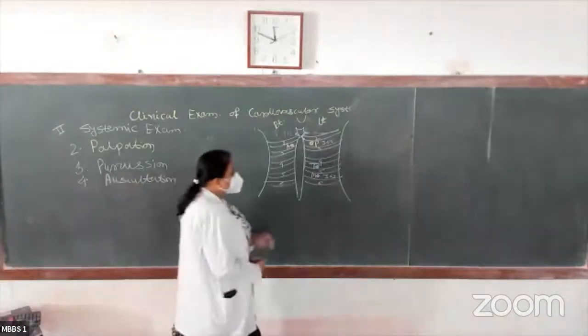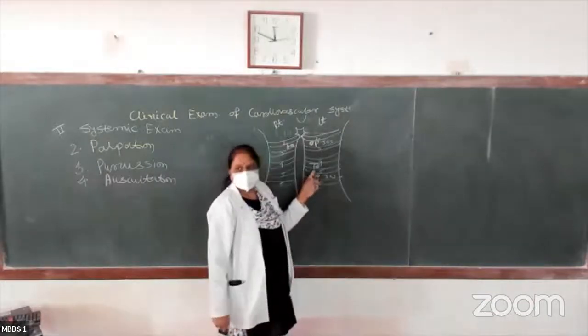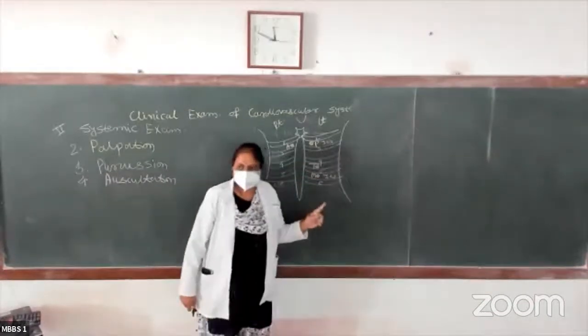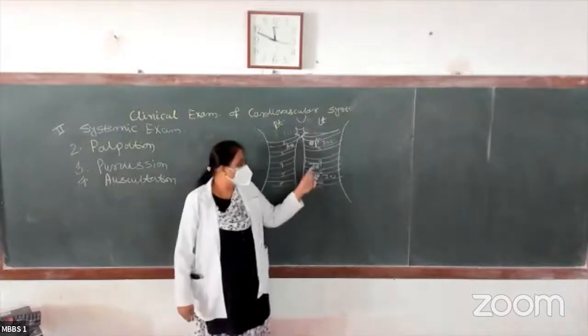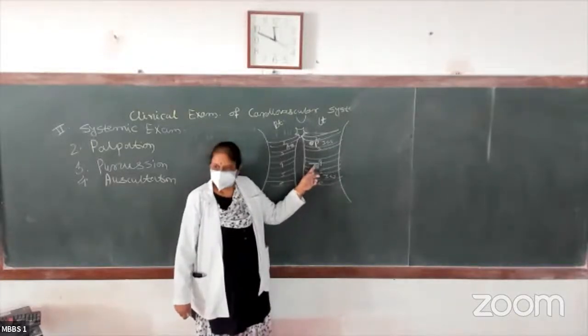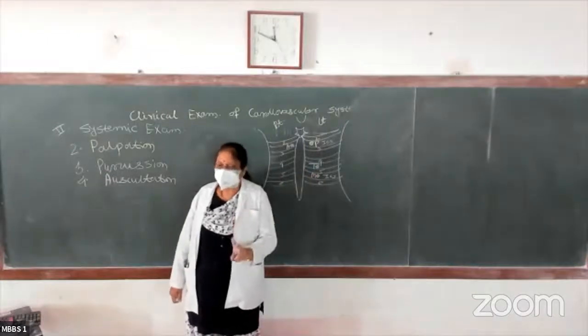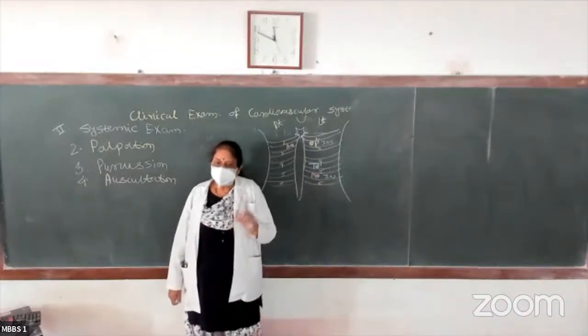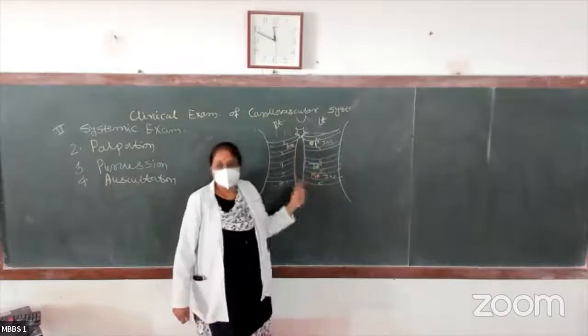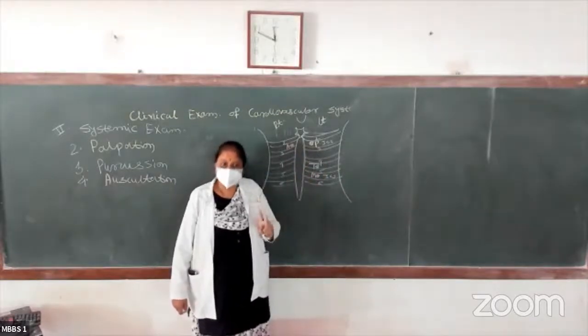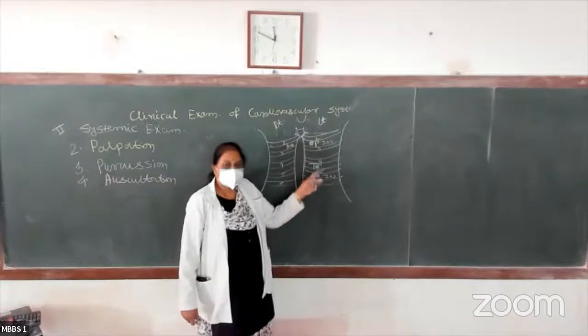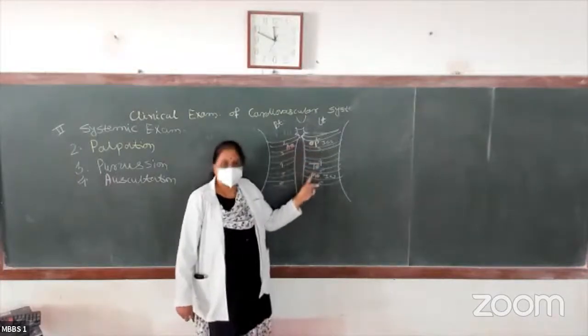So, how to now auscultate the first heart sound? First heart sound is produced because of the closure of mitral and tricuspid valves. These two sounds, first and second heart sound, you can listen all over the four areas, here, here, here, or here.